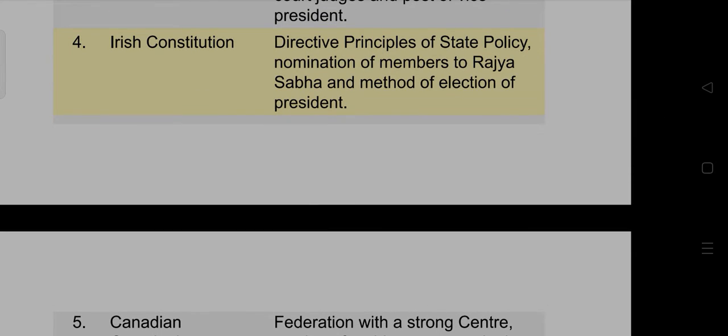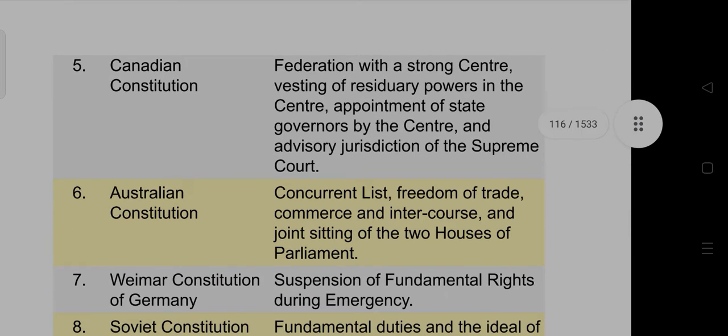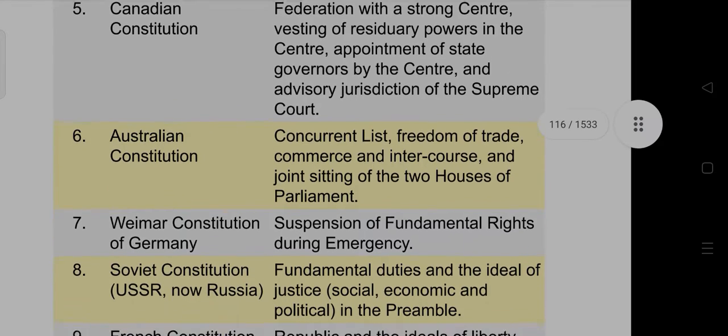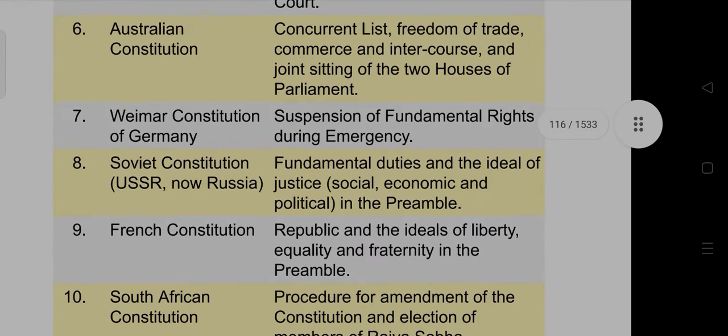Fourth, Irish Constitution: directive principles of state policy, nomination of members to the Rajya Sabha, and method of election of the president. Fifth, Canadian Constitution: the federation with a strong center, vesting of residuary powers in the center, appointment of the state governors by the center, and the advisory jurisdiction of the Supreme Court.